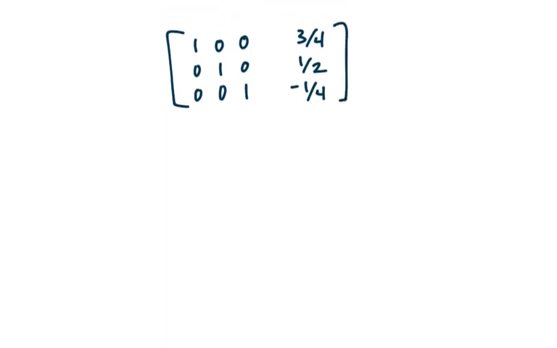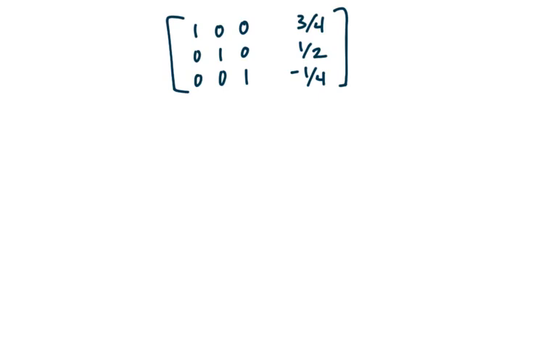So if we think about interpreting this matrix as an equation, what it means is I have 1A, 1B, and 1C. A is equal to 3/4, B is equal to 1/2, and C is equal to -1/4.